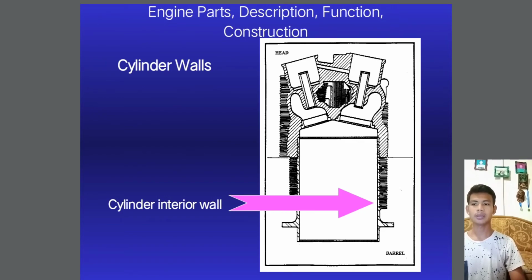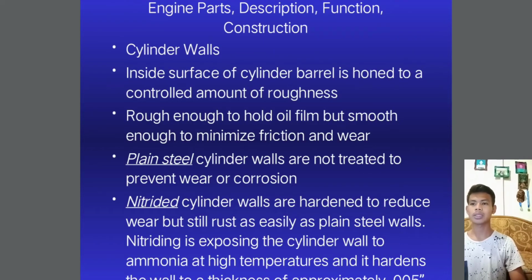Cylinder wall and cylinder interior wall. The inside surface of the cylinder barrel is hardened to a controlled amount of roughness. Rough enough to hold an oil film, but smooth enough to minimize friction and wear. Plain steel cylinder walls are not treated to prevent wear or corrosion.